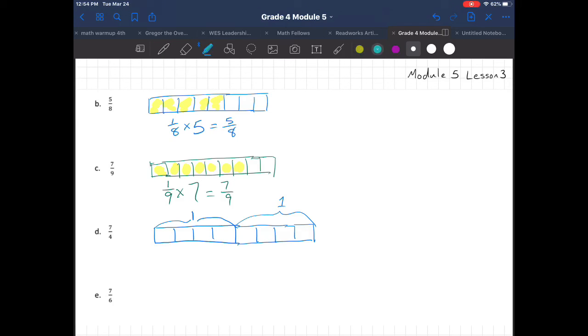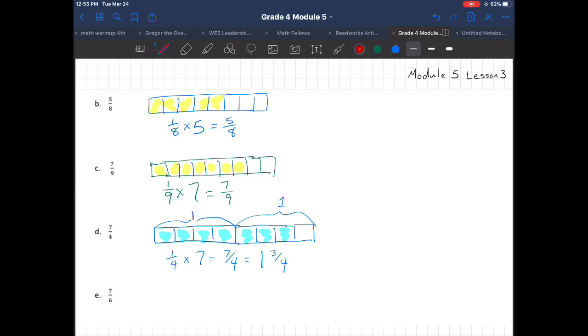I am shading 1, 2, 3, 4, 5, 6, 7. My unit fraction is 1/4. I'm doing 7 of them, which makes 7/4, which, by the way, is the same as 1 3/4.